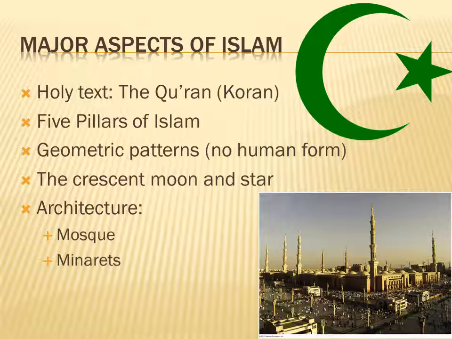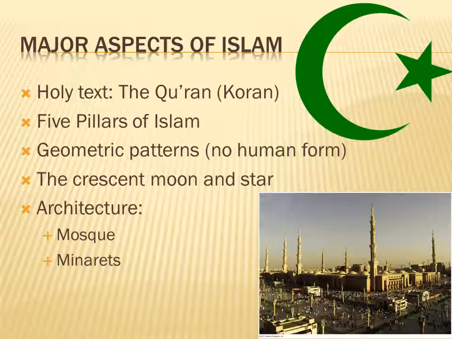However, it's important to understand the history behind the crescent moon and star. It was a symbol of the Ottoman Empire. So while the Ottoman Empire was a Muslim empire, it wasn't explicitly a symbol associated with Islam. It was associated with the empire and has later on become a symbol for Islam or been used with Islam.